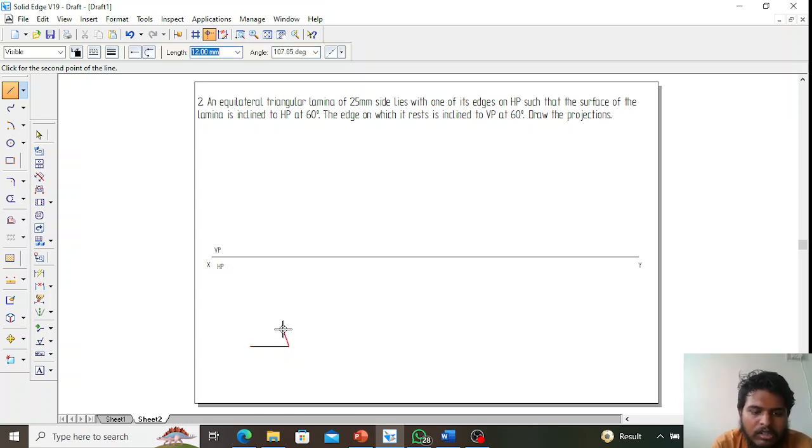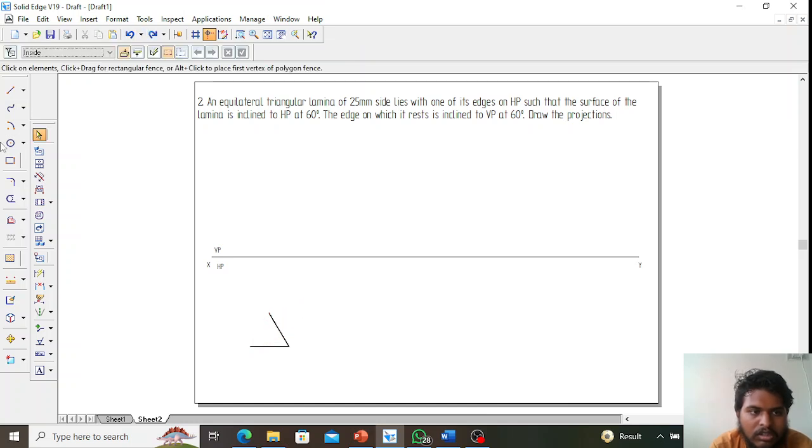Now again 25 mm, and the angle should be, as you know, equilateral triangle has 60 degree angle in all sides, but I need to draw this line in the second quadrant, so the angle should be 120. So 120. Then we will just simply join this here, from this corner to this corner.